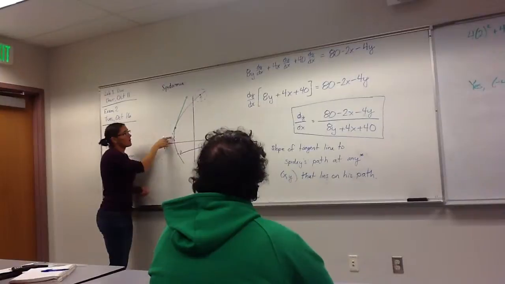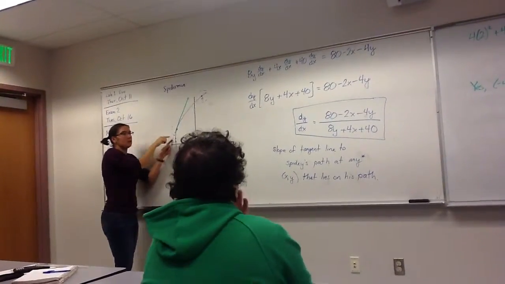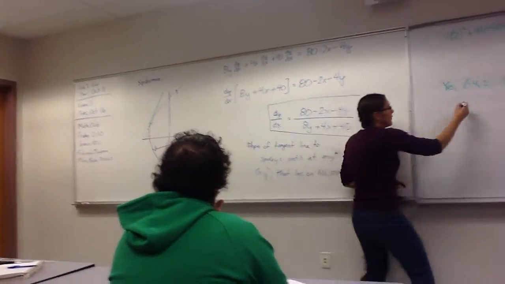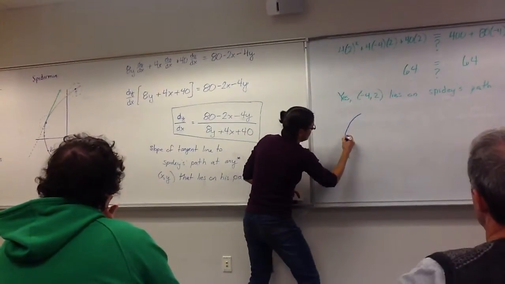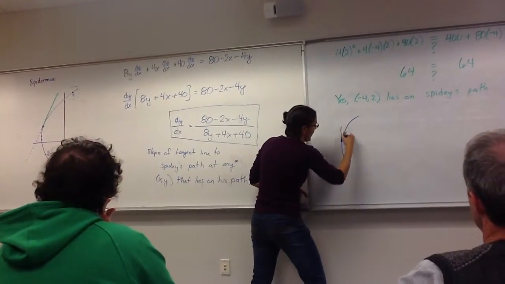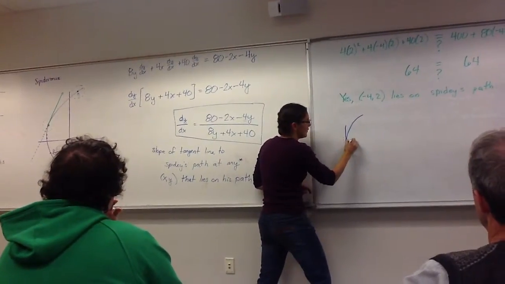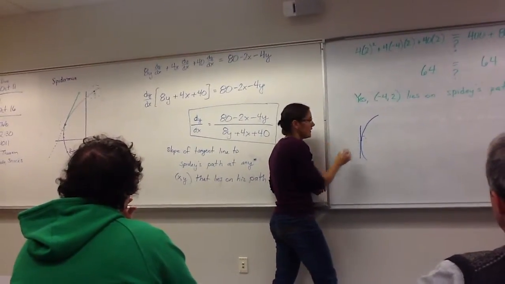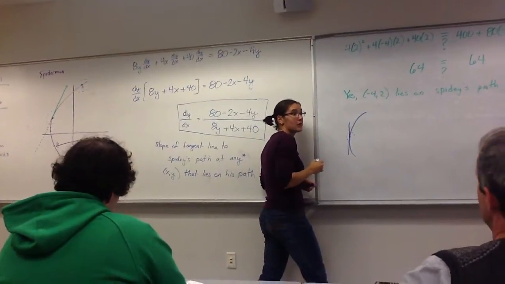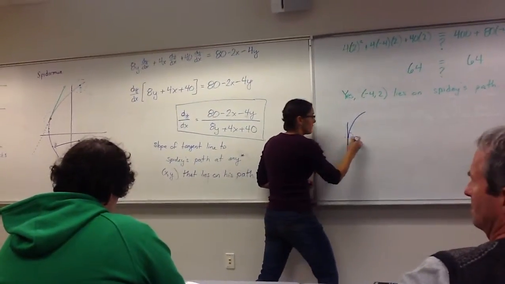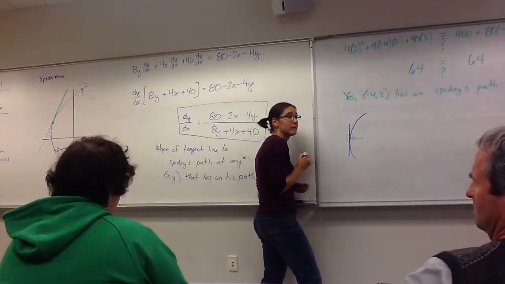But it would not work for this point right here, and I'm going to blow up this point here. That point is this place right here where I have a vertical tangent, and any kind of a neighborhood, no matter how tiny I make that neighborhood, this is still not going to pass the vertical line test. So it's not going to work for this point right there.